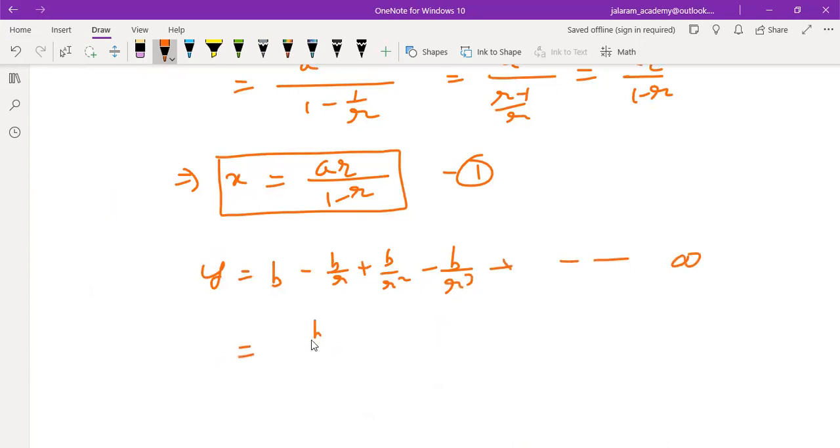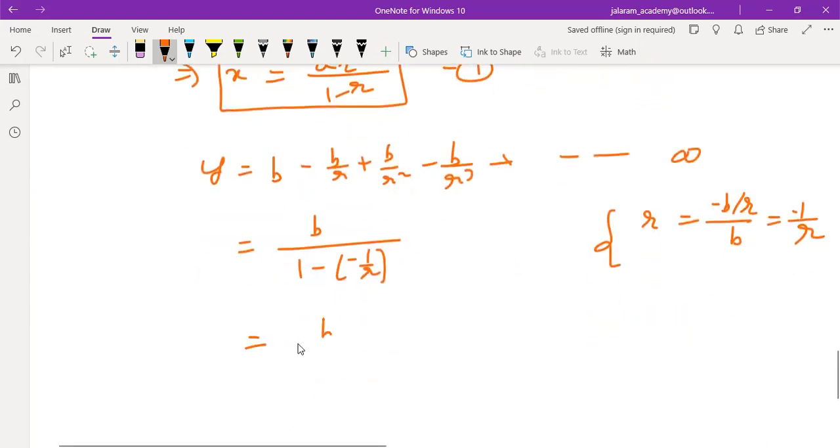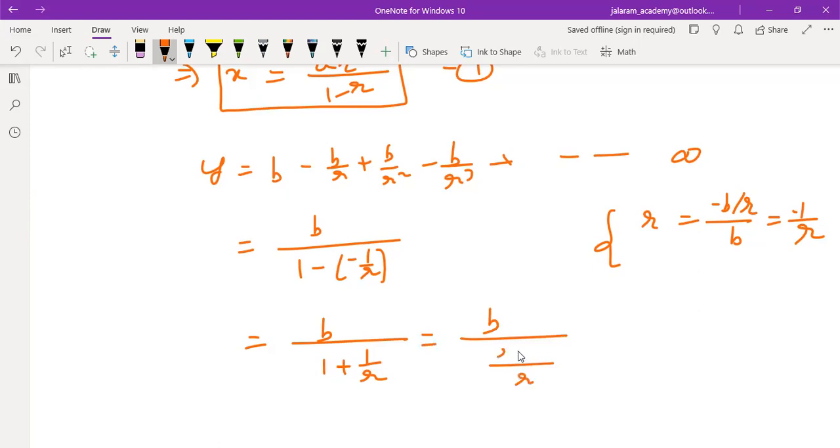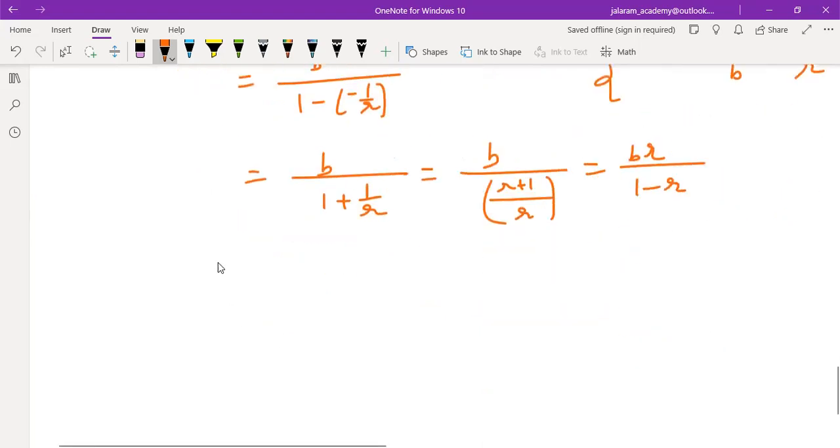Alternate minus and plus are there. So this time the first term is b, but the common ratio is second term upon first term, that is minus 1 by r. So b upon 1 plus 1 by r equals b upon, taking the LCM r, r plus 1, r goes to the numerator: br upon 1 plus r. So this is the value of y equals br upon 1 plus r.